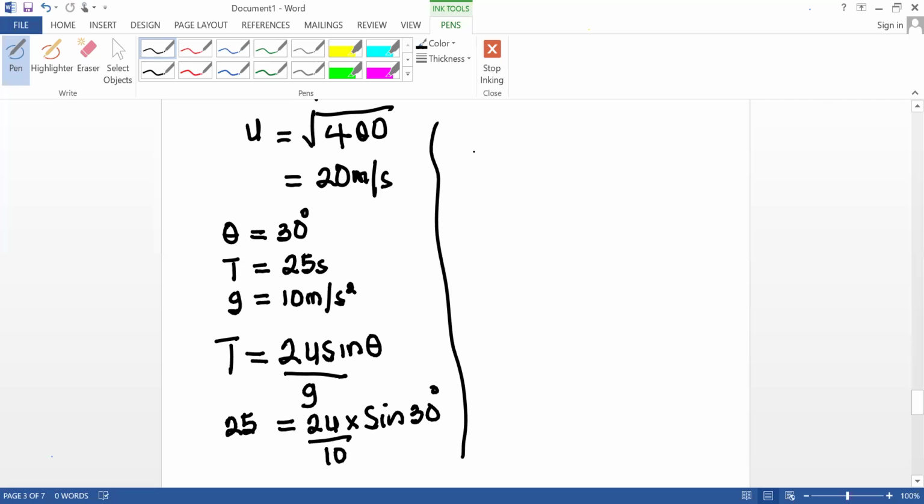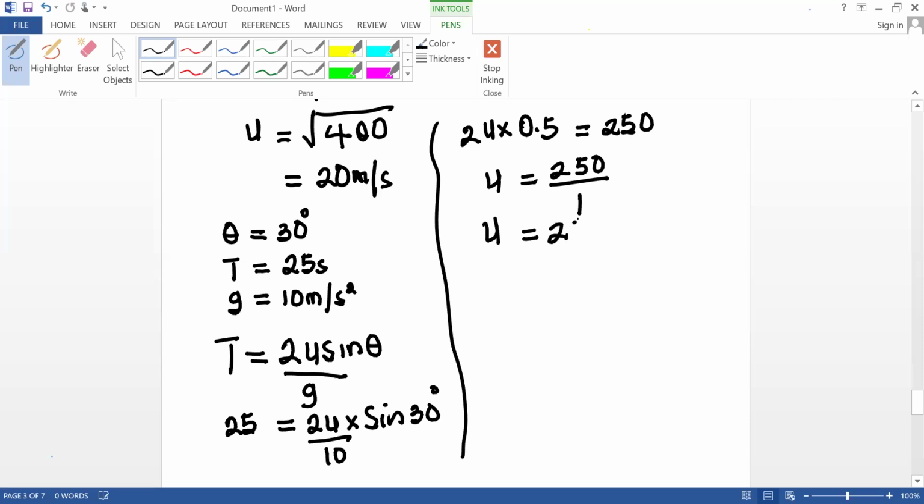So if we have 2U times 0.5, since sine 30 is 0.5, that is equal to 250. Therefore, U would be equal to 250 divided by 2 times half, which is 1. So U is equal to 250 meters per second.